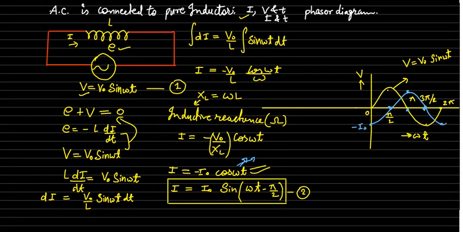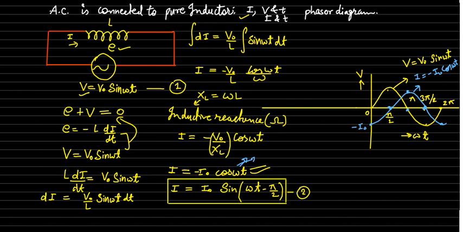So this is the graph for I equals minus I naught cos omega t. I hope this is clear to everyone.